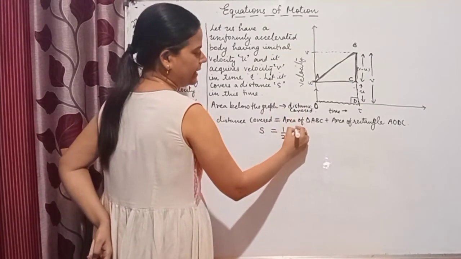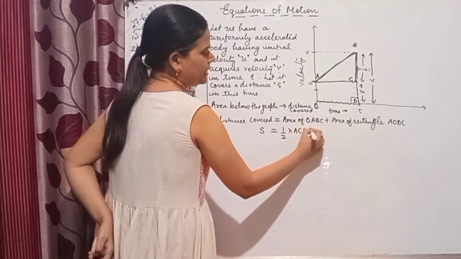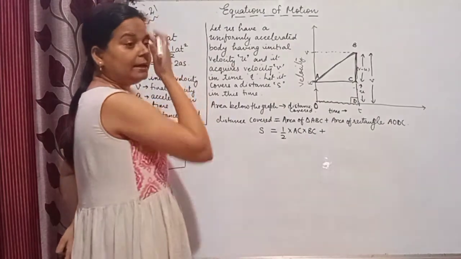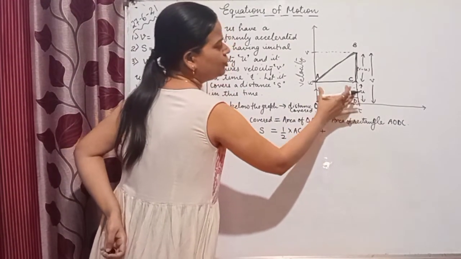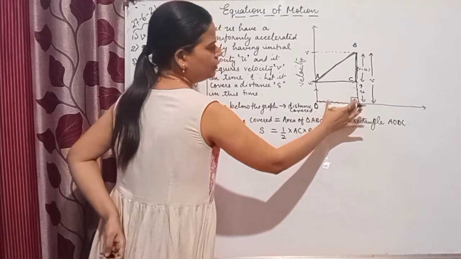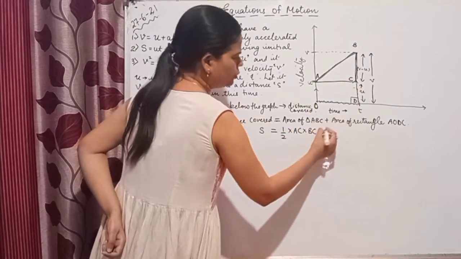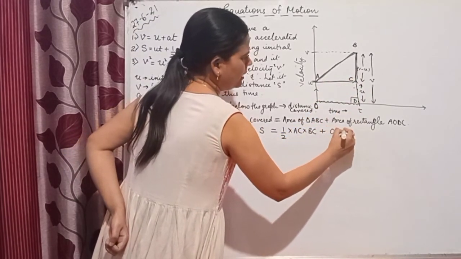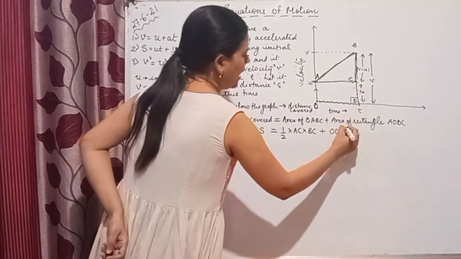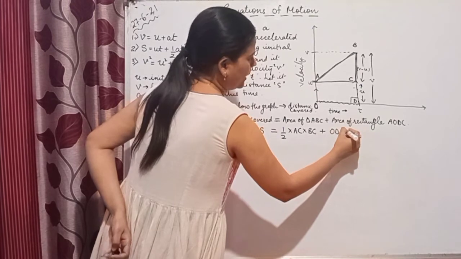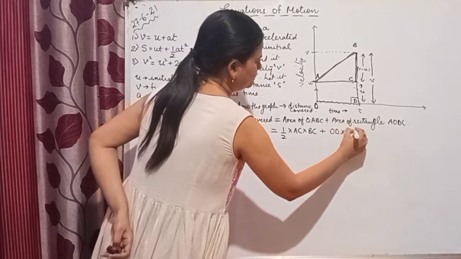So base is AC and height is BC. Area of rectangle is length into breadth. Length you may take as OD or as AC, it's your choice. I am taking OD. And breadth you may take DC or OA. I am taking CD.